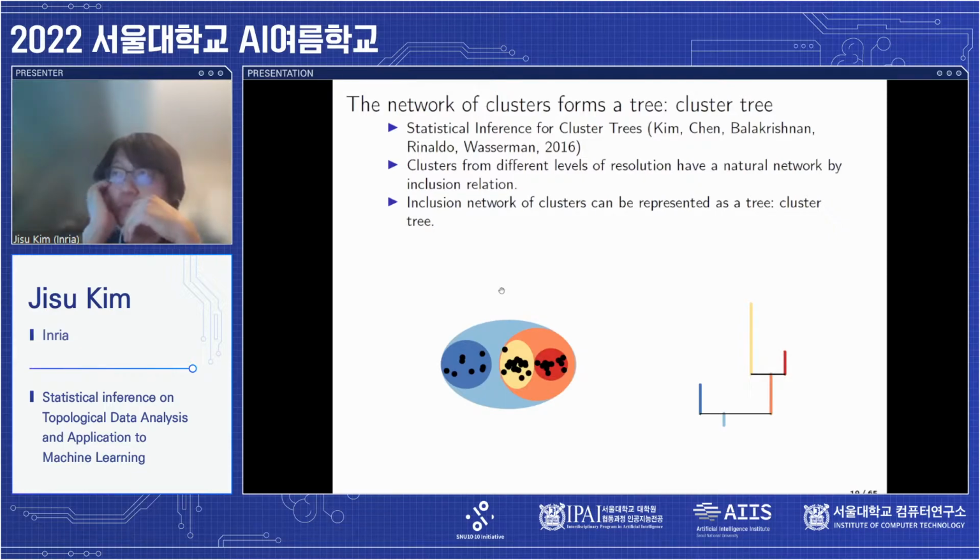So these clusters from different levels have inclusion relations, and this inclusion network can be represented as a tree like this. So here the yellow clusters and the red clusters are merged into the orange one, and the orange one and the blue clusters are merged into the sky blue one. So from this clustering result at different resolutions, we can get the cluster tree like this.